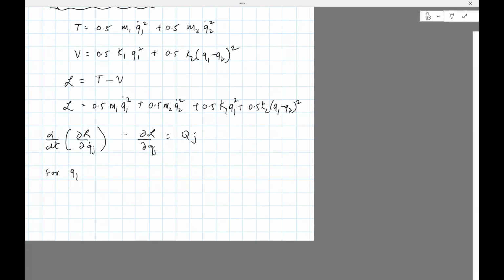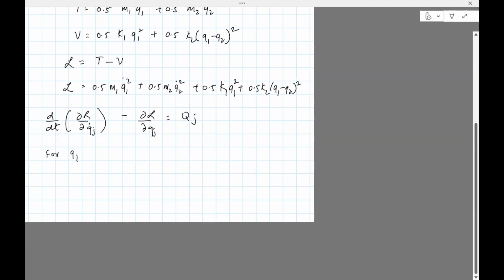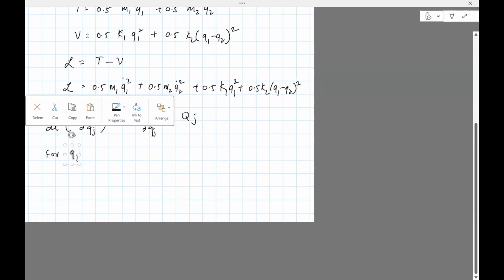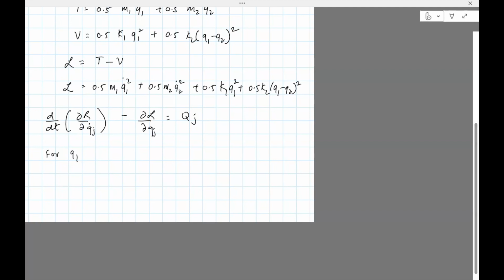So for Q1, let's do the equation for Q1. So d dt, we take this quantity and take the derivative with respect to Q1 dot. You can see the only term with Q1 dot is the first term. So it'll be 0.5 M1 times 2 Q1 dot, minus dL dQ. The 2 terms with Q1 are this one and this one.